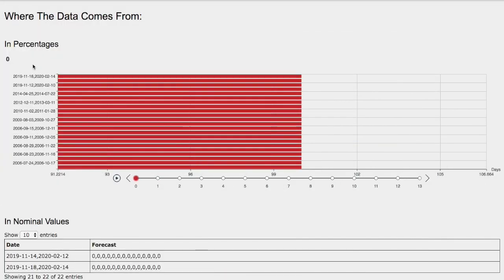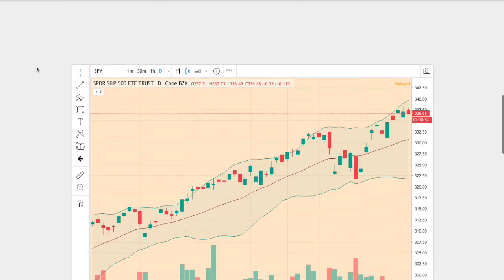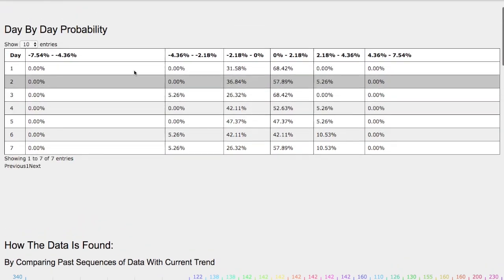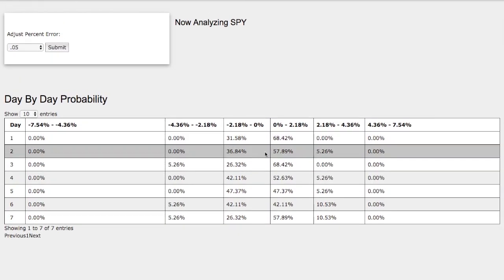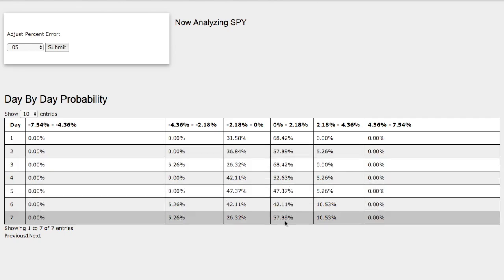So back to the day-by-day probability model. As the day progresses, we see a slight favor to the upside once again. We have a 58% chance of the S&P 500 climbing between 0 to 2%. On the extreme case, we have around 11% of the S&P 500 climbing between 2 to 4%.